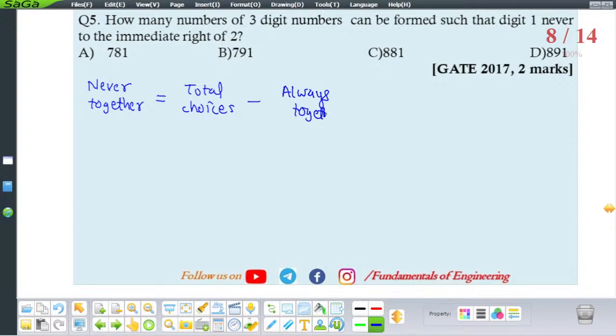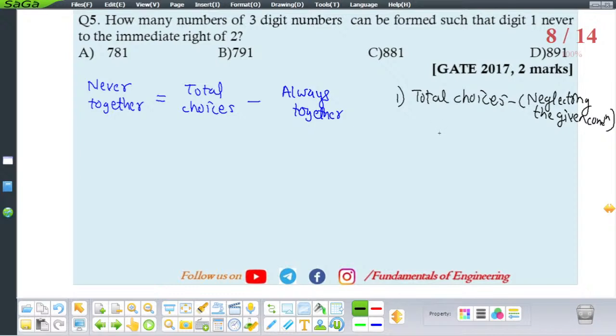You will get the never together answer. So total choices minus always together. Now first condition we will see, total choices by neglecting the given condition.